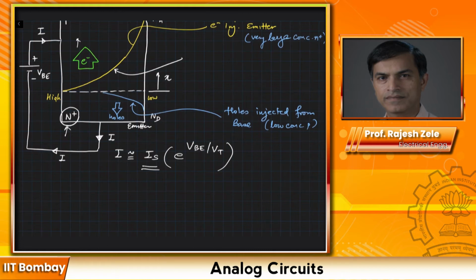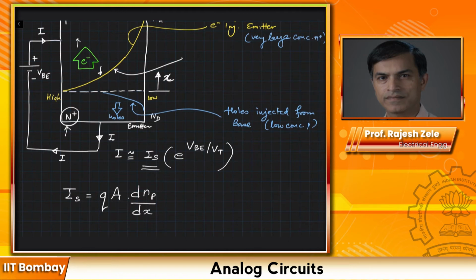First of all, Is is proportional to the charge Q and the area of the junction. Is is also proportional to the slope of this curve. The steeper the slope, the more the diffusion, right? So the slope of the curve is d n_p divided by dx, x being this vertical direction right here.